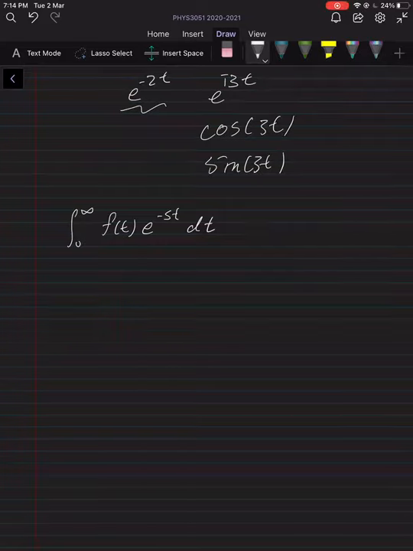Is it possible that we have a contradiction now when we put a complex number as s?